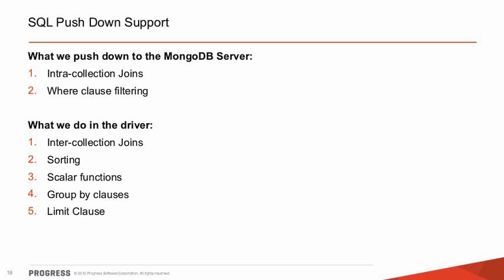And there are a number of things that our solution does in consuming this metadata captured by the schema tool and in optimizing the SQL query that's received, whether it contains joins or doesn't contain joins, whether it contains aggregation or doesn't, into a stream of BSON queries to MongoDB. And in general, there are important things that our solution does in that we support intra-collection joins.